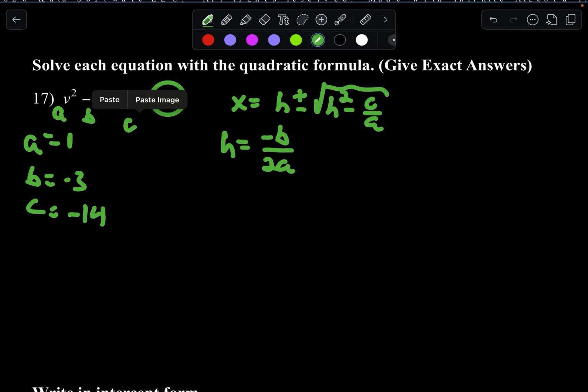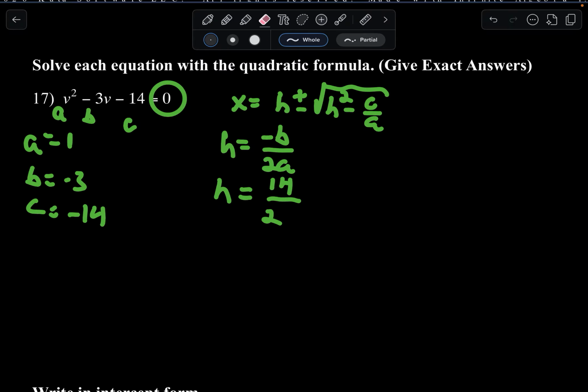So the first thing I would do is evaluate what h is. h equals the opposite of b, so b is -3, so the opposite is +3, over 2 times 1. So h is 3/2. I would leave it as a fraction because it's okay.